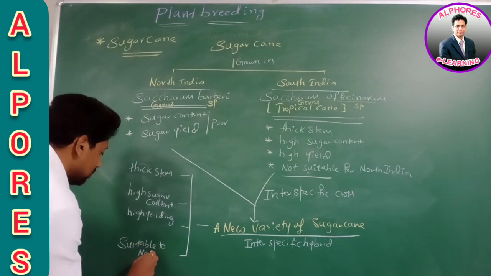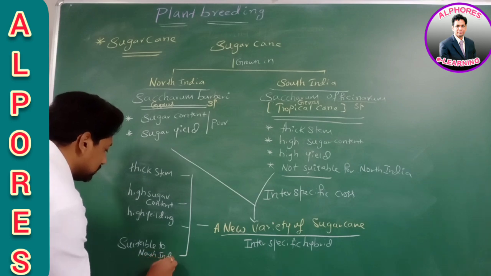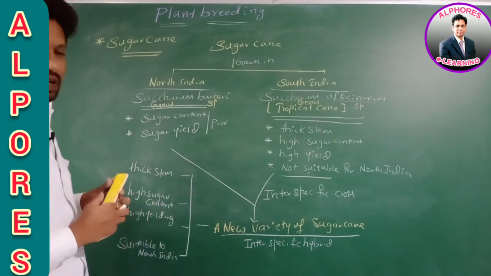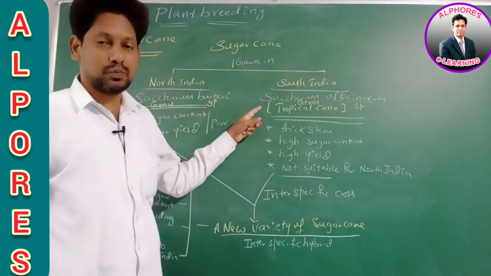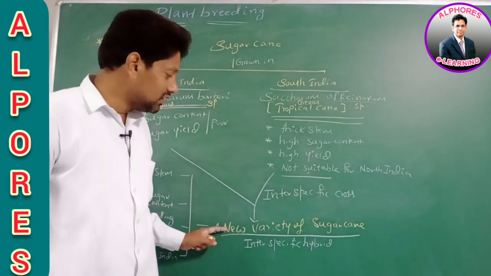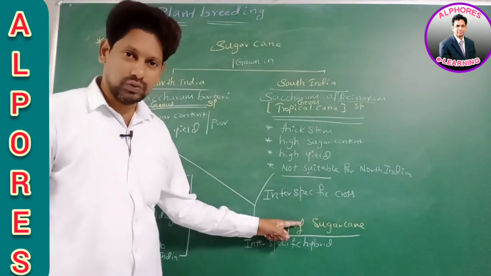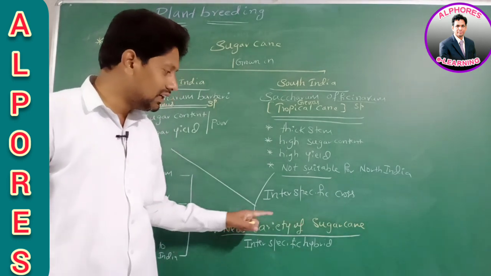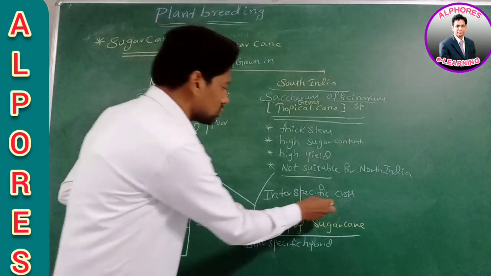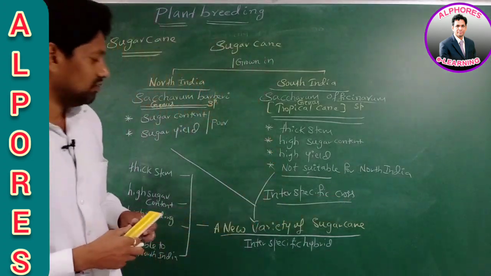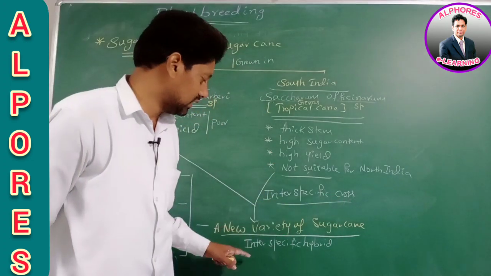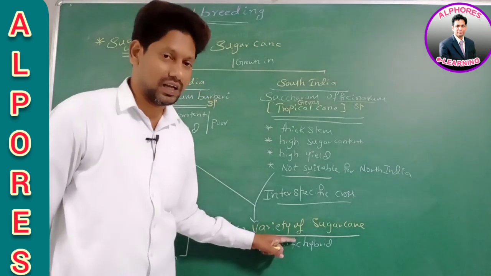When this interspecific cross is made, we get a new variety of sugarcane. As this new variety is produced by an interspecific cross, we call it an interspecific hybrid.